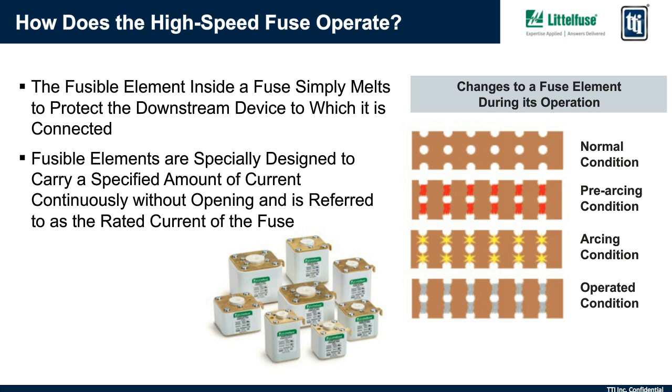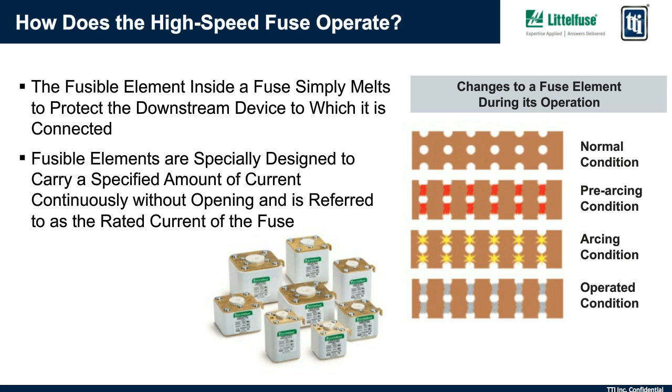These elements are designed to carry a specific amount of current based on the fuse rating. Say if it's a 600 amp fuse, it's designed to carry that specific amount of current continuously without opening. And that's referred to, like I said, as the rated current of the fuse.